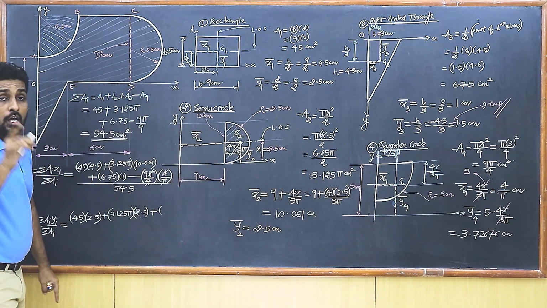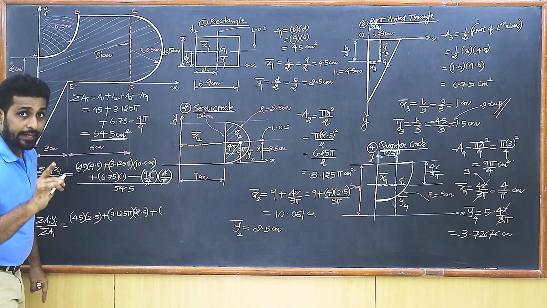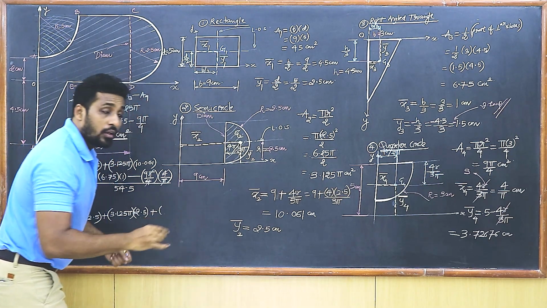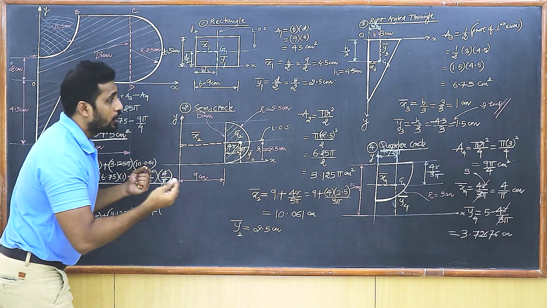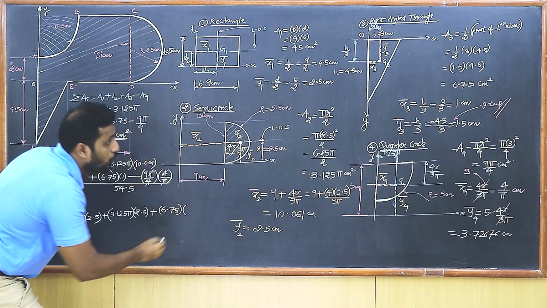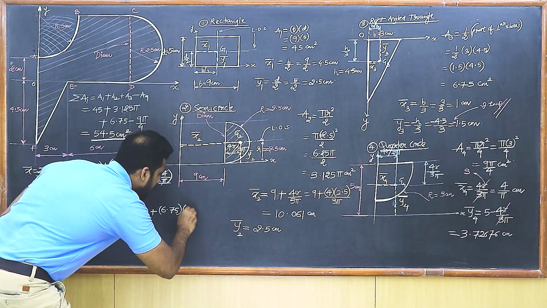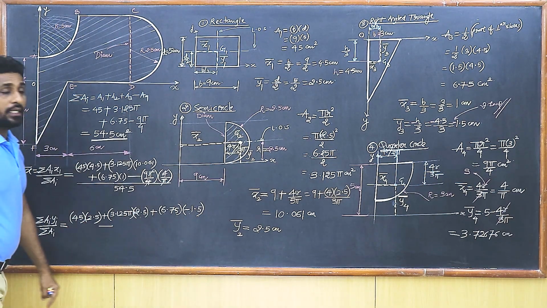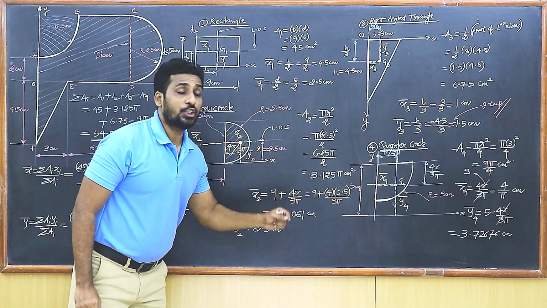Now be careful, y3 bar was negative, so the negative sign has to be taken very carefully over here. Otherwise, everything will go wrong. So that's 6.75 into the y bar coordinate, which is minus of 1.5. Then again a negative sign, students, isn't it? Because the fourth area needs to be removed.